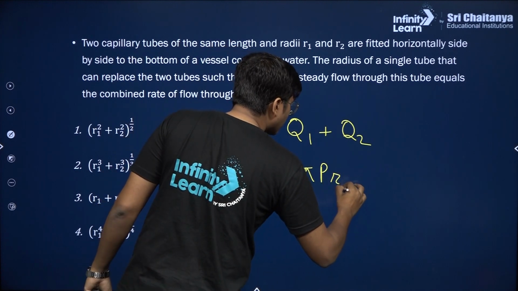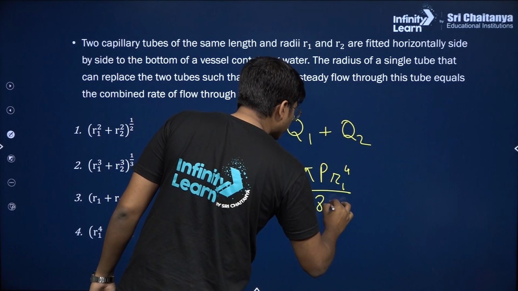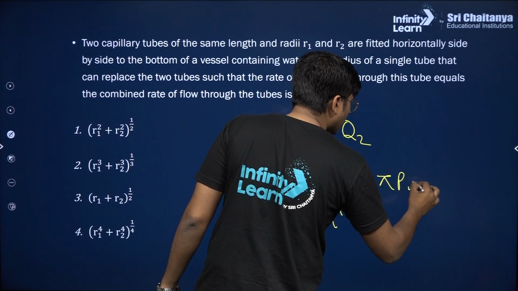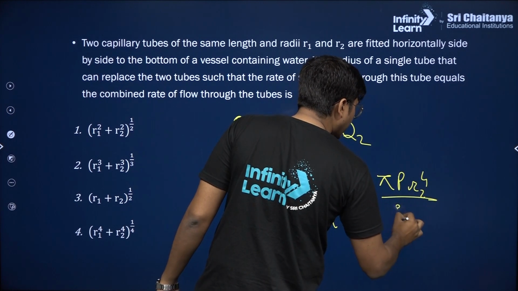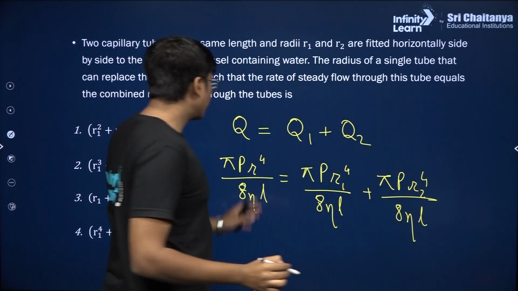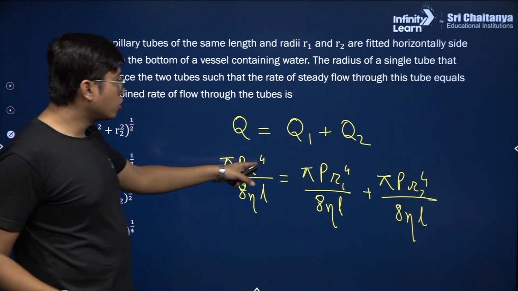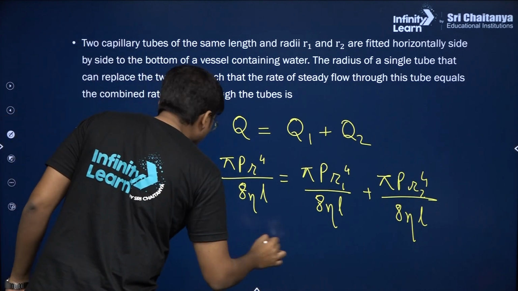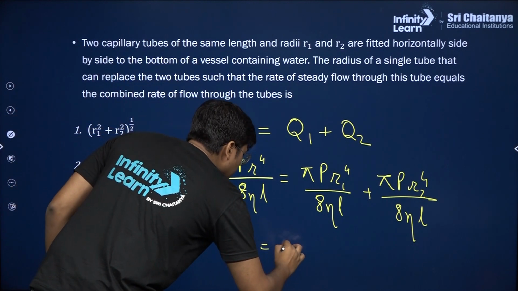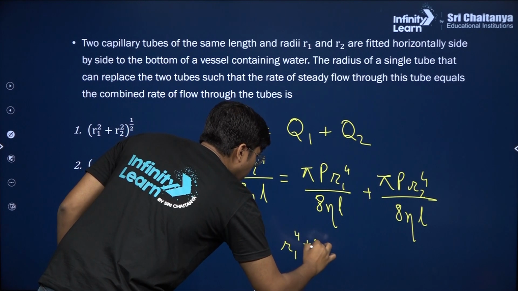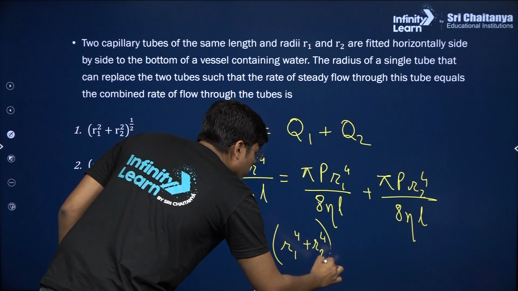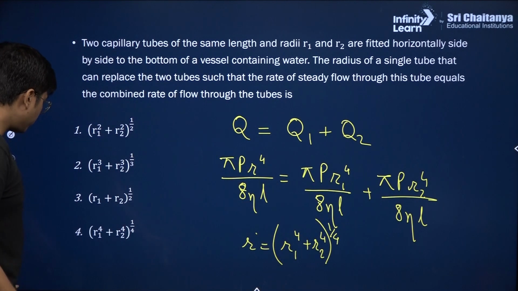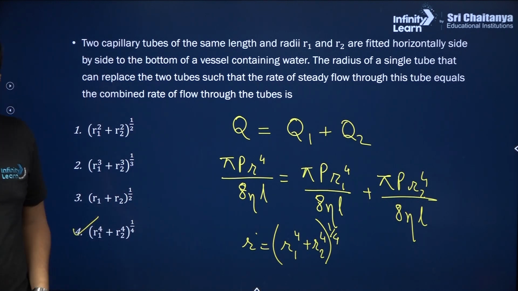So pi P R1 to the power 4 divided by 8 eta L, plus pi P R2 to the power 4 divided by 8 eta L. Now over here again most of the terms cancel out and you have R to the power 4 equal to R1 to the power 4 plus R2 to the power 4, which means your correct option is R equal to R1 to the power 4 plus R2 to the power 4 whole to the power 1 by 4, because it was R to the power 4 here, that shifts there. So your correct option is option 4 in this case.